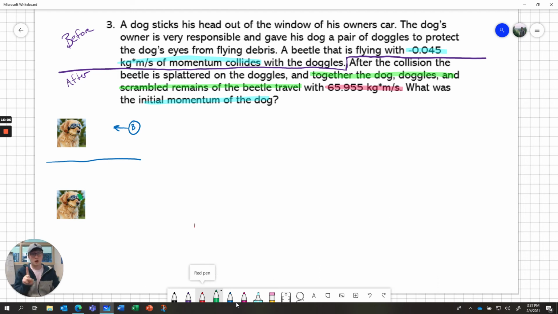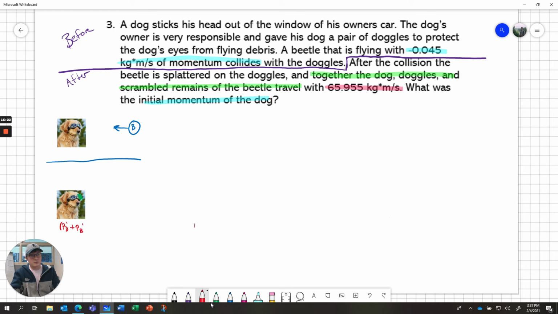Thank goodness that dog had goggles. And together, the momentum of the dog and the momentum of the beetle are moving to the right.